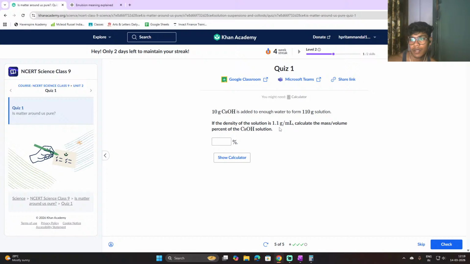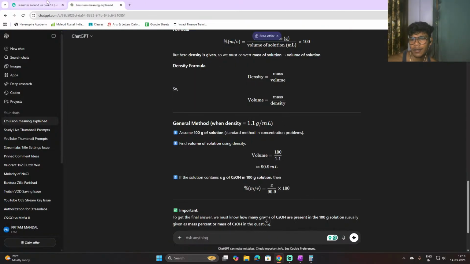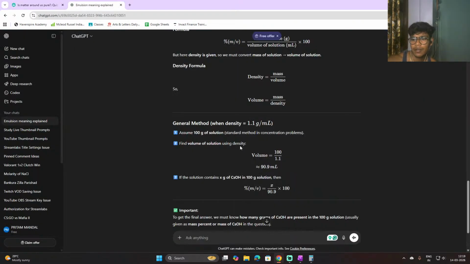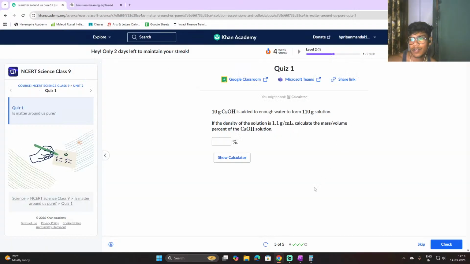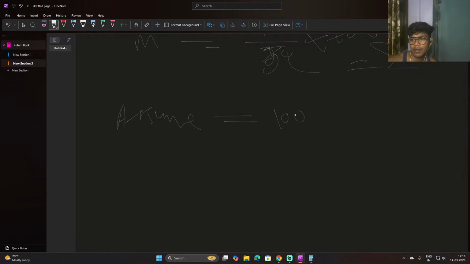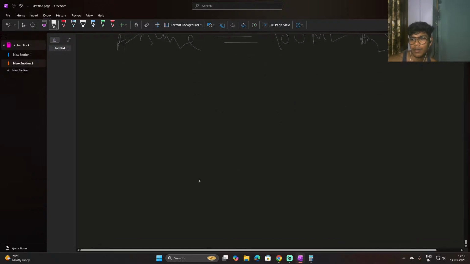So 1.1 gram by... we have to assume 100 gram of water, sorry, 100 ml of water. Then density is given, 100 divided by 1.1.